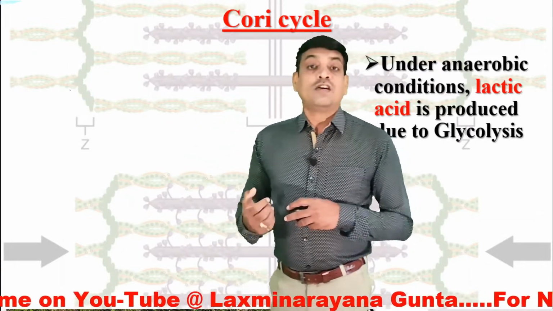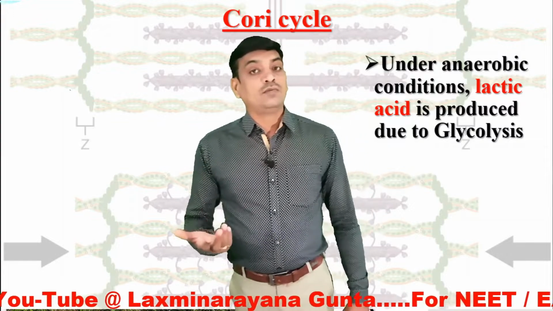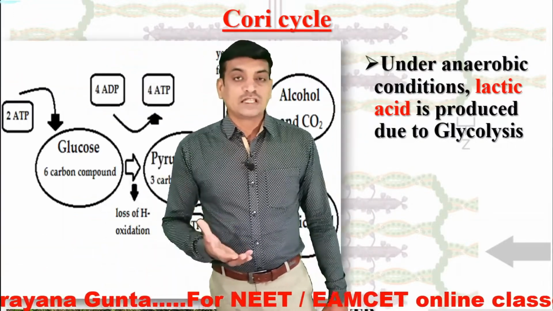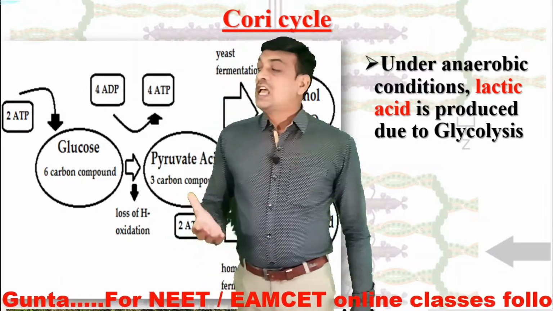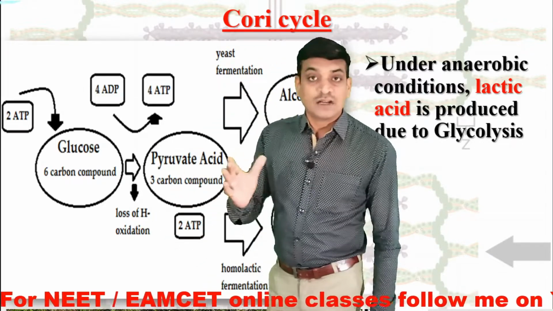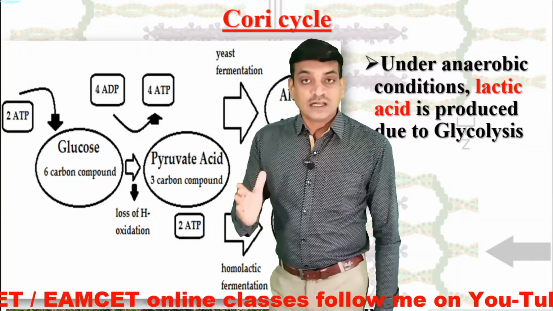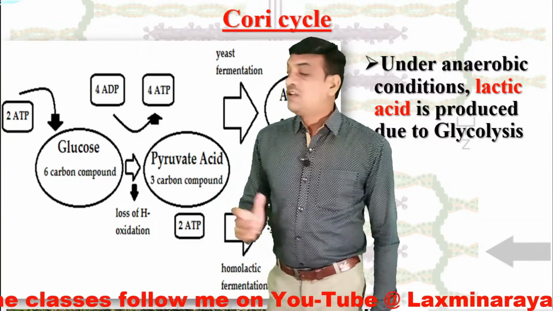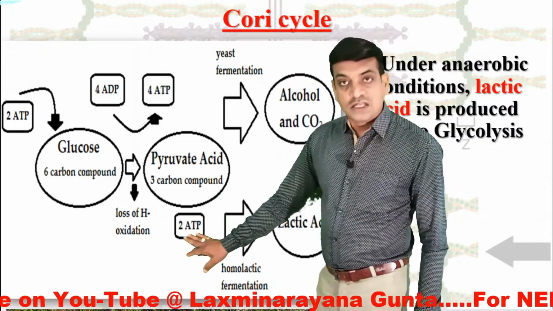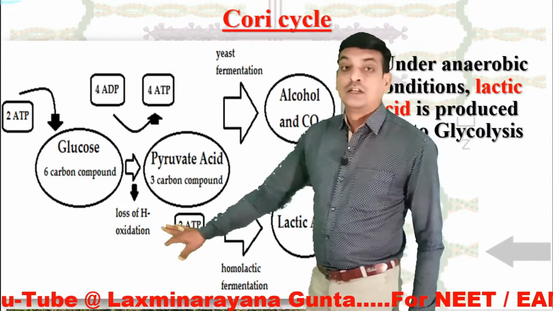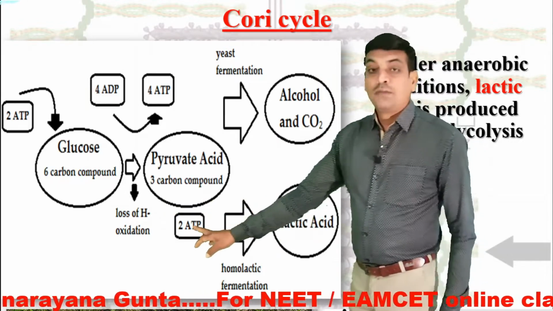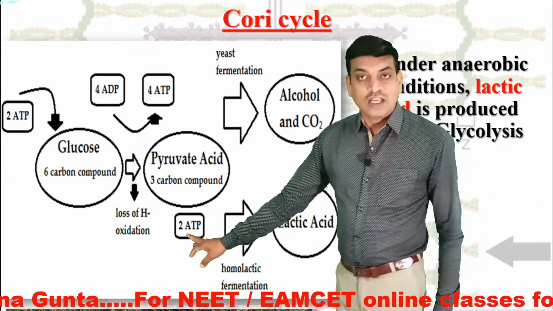But when sufficient oxygen is not available, the glucose present inside the muscle undergoes anaerobic respiration. During normal conditions, the glucose releases a net of 36 ATPs, whereas in the absence of oxygen, this glucose is converted into lactic acid, producing only 2 ATPs.